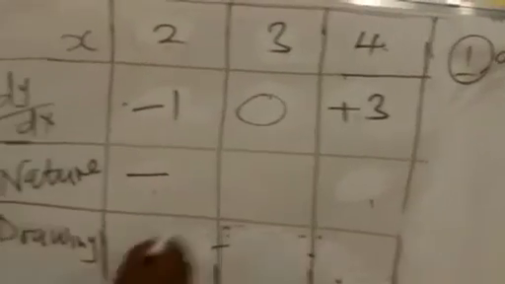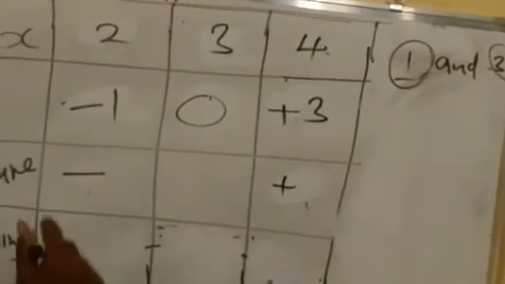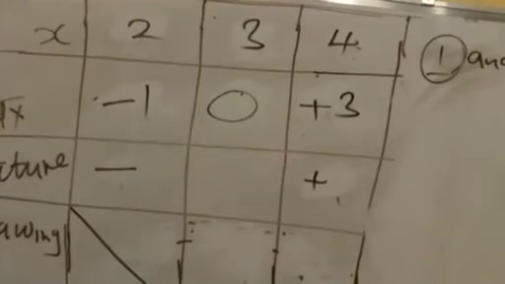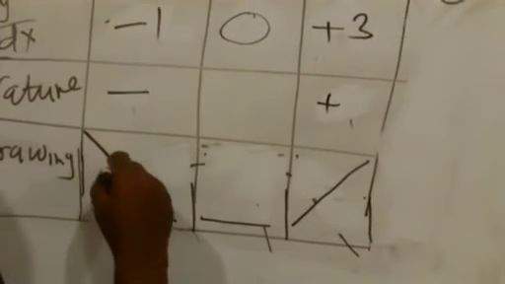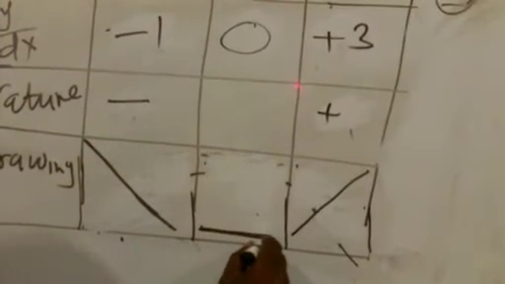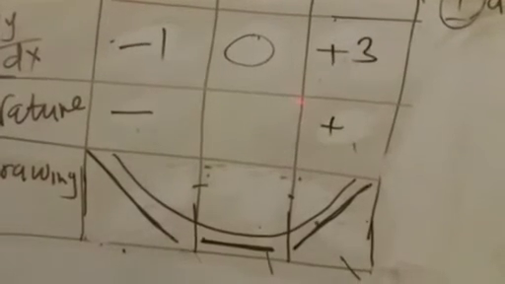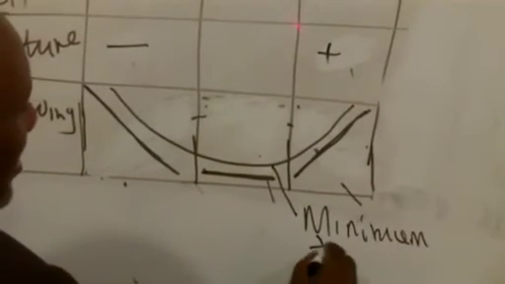So the nature: this one is negative, this one is, of course, constant, and this one is positive. So the nature here is going down, then constant, then rising up. See, it's going down, constant, then rising up. Look at this. This one is what? A minimum turning point.